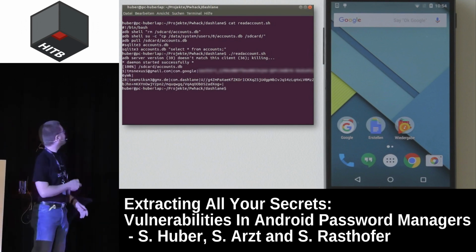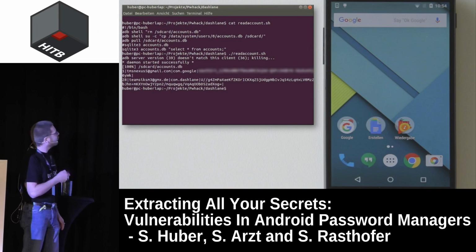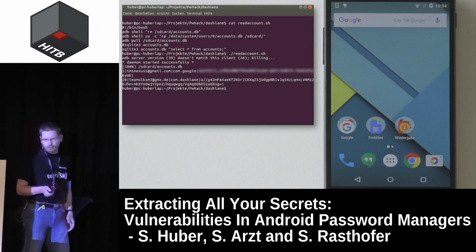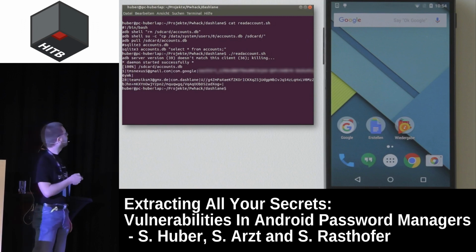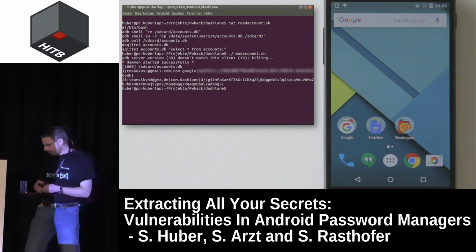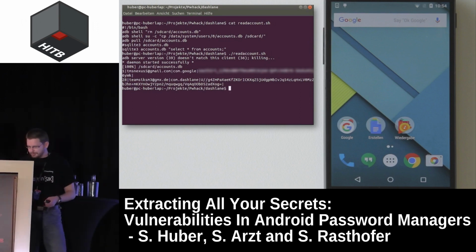Now you think I'm cheating because you need root access for this, but this root access is just for you to show or to get access to this database that you see. Our application stores the master password, somehow encrypted and encoded, in the database.